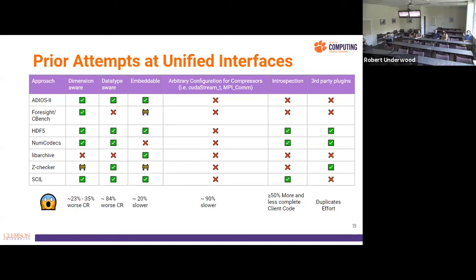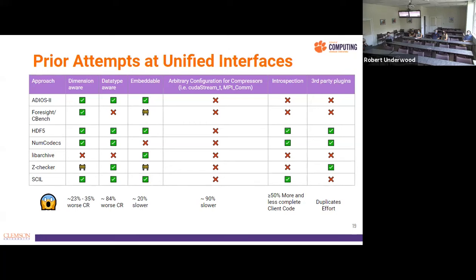LibArchive isn't aware of dimensionality at all. And ignoring the dimensionality and the shape of the data buffer that you're passing in can result in a compression ratio that's somewhere between 25 and 35% worse. If you ignore the data type and you treat all data as if it's the same type, ignoring floating point versus integral data, that can result in an 84 times worse compression ratio.